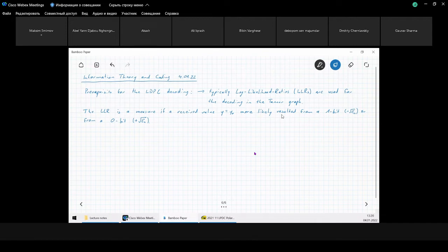And therefore, we will need to have a look at the distributions of these received values y. You know this also from Mike Wolf's lecture. So we have here the plus minus square root EC, so the transmitted values. We just need to be a little bit careful here. We are talking about energies at the receiver side, so be careful not to mix this up.